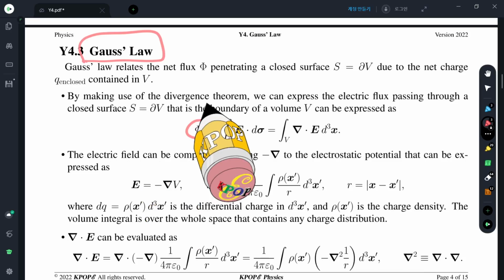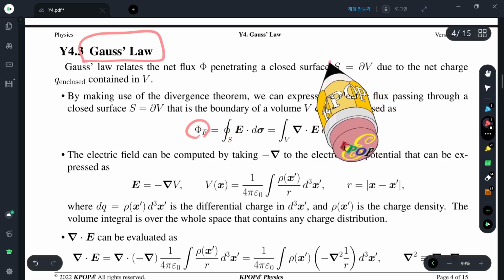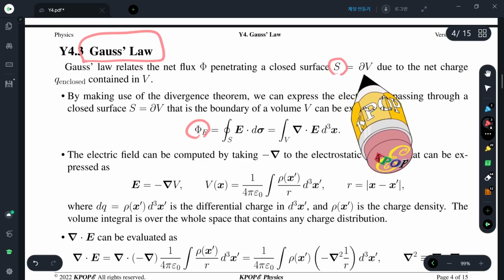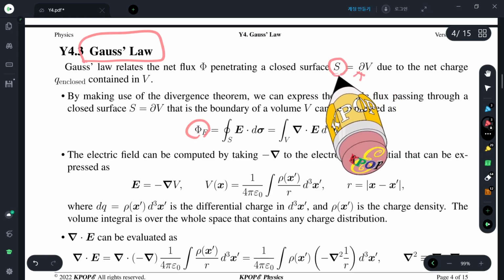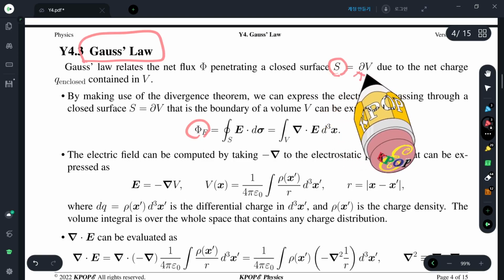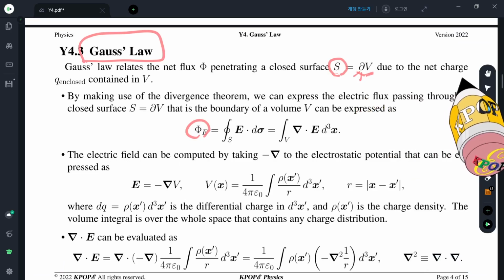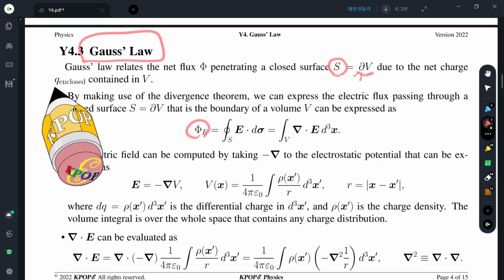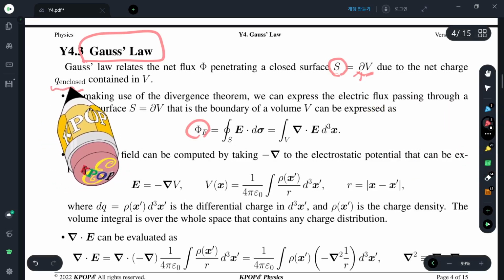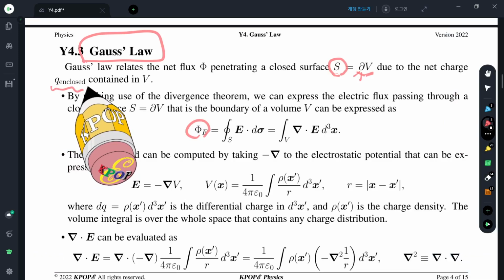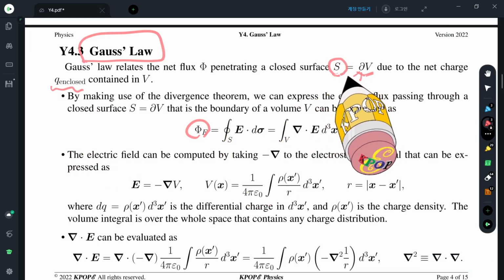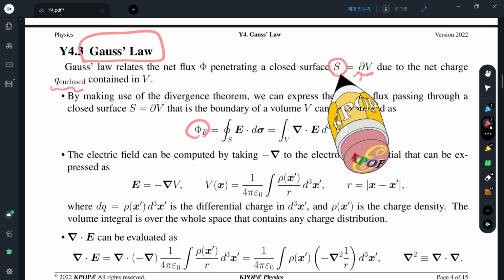Phi penetrating a surface, especially a closed surface. This notation indicates that this closed surface encloses a volume V, due to the net electric charge, where the subscript enclosed means the charge contained inside the closed surface.